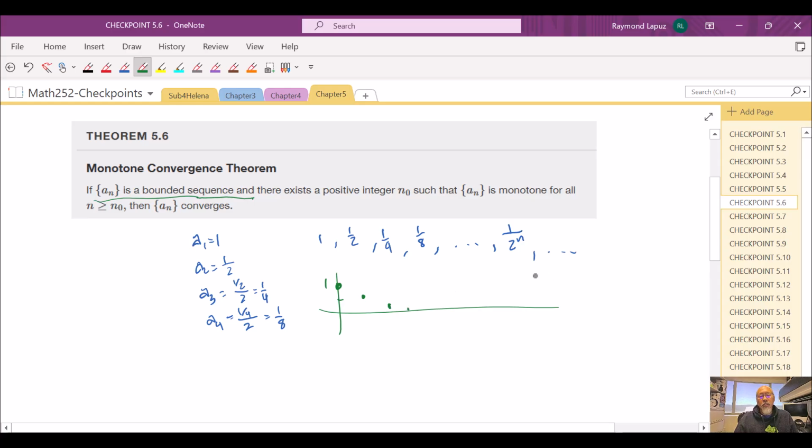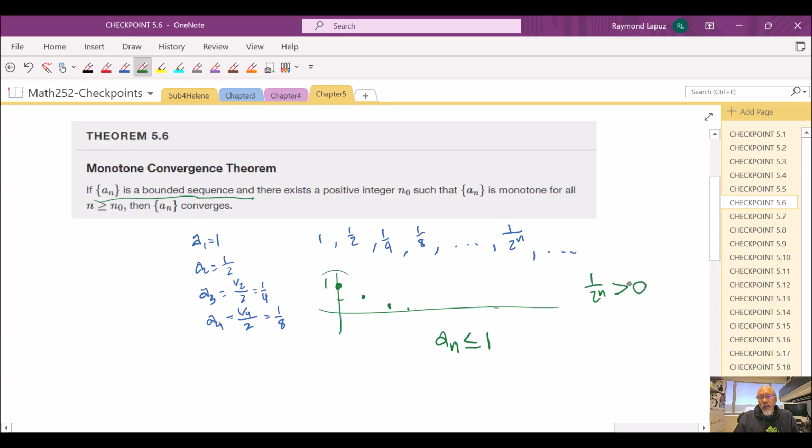So now the question is, it looks like it's bounded on top by 1. So a sub n is always going to be less than or equal to 1. Now, is it ever going to go down below 0? It looks like 1 over 2 to the n is always going to be bigger than 0.